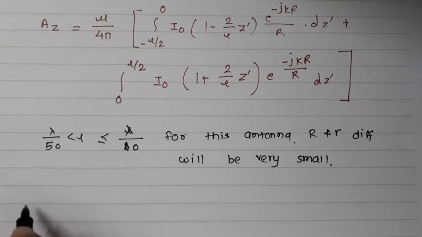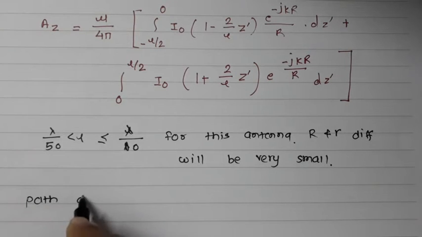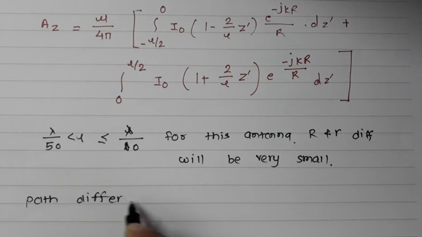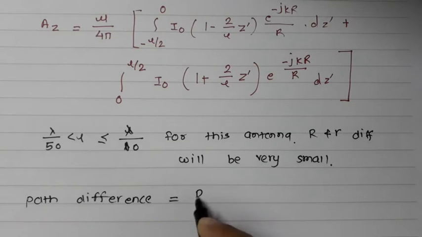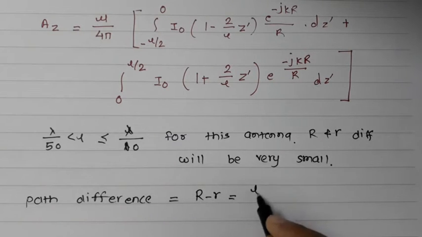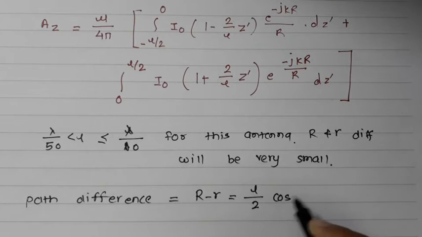So I can say the path difference here is equal to r minus r dash, which is nothing but L by 2 cos theta, which is lambda by 20 cos theta.